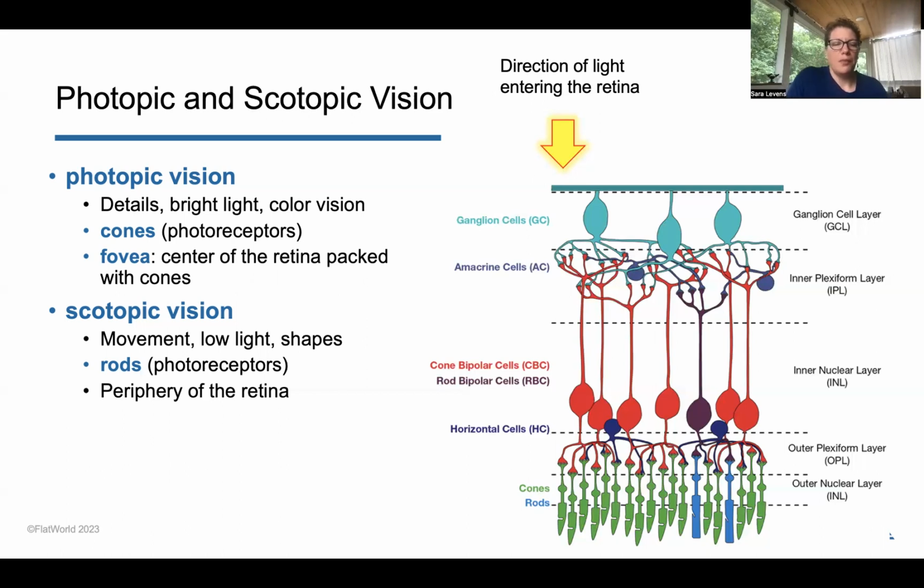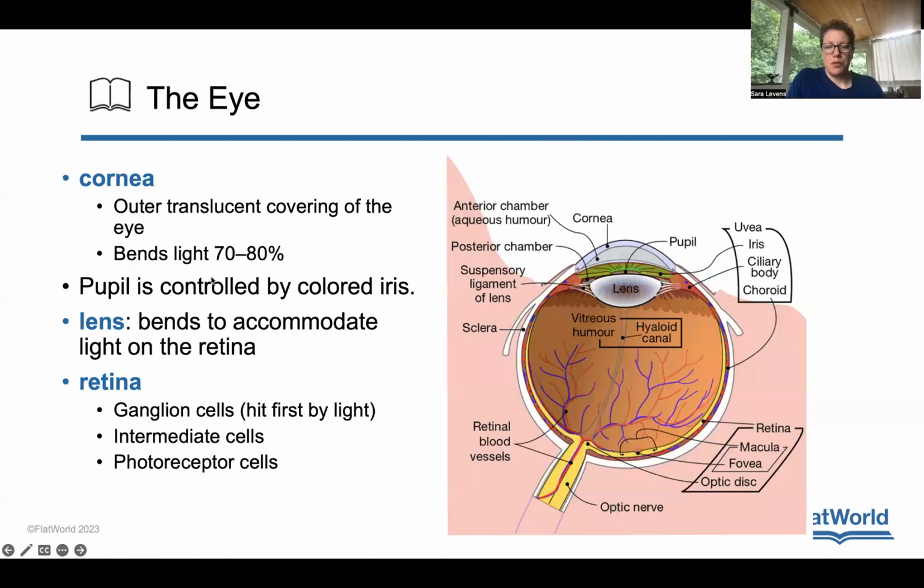In terms of our vision here, we have photopic vision, and these are details, bright light, color vision, and these are the cone receptors, these photoreceptors. This is where you see color. The fovea is at the center of the retina, and it's packed with cones. So this would be right here.